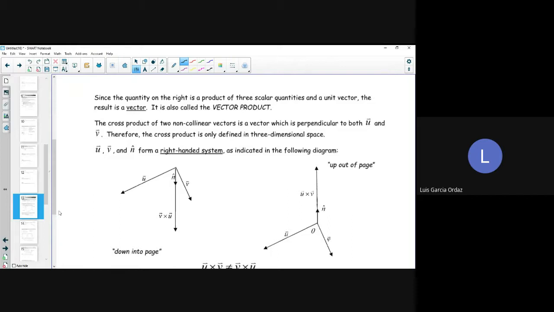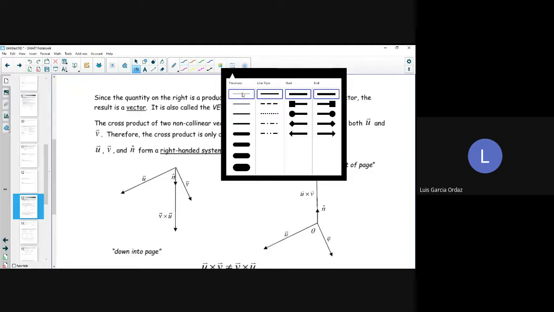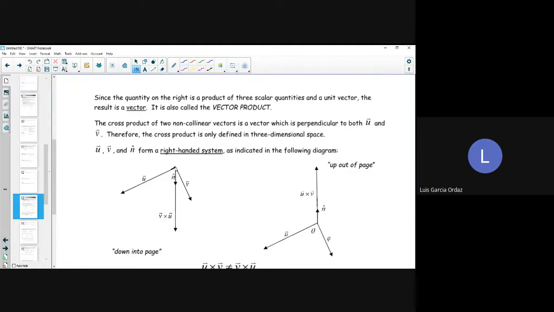So u, v, and the unit vector n form a right-handed system, as indicated in the following diagram. I have my vector u going this way, vector v going this way, and my cross product is noted by this vector over here, and my unit vector is noted by that.